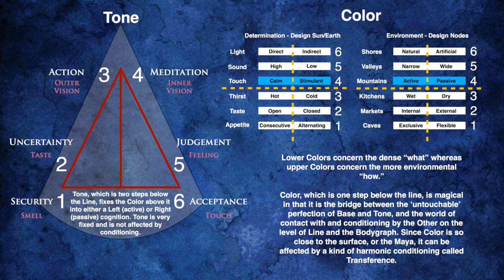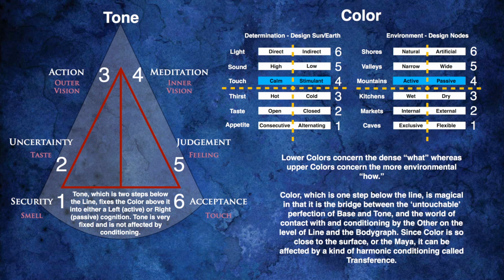What kind of environment are you in? How does this environment feel? It's sort of like how the upper colors have an affinity with right fixing tones. Left fixing tones are more focused and right fixing tones have a kind of soft focus. They're more peripheral. Left fixing tones, things in particular. Right fixing tones, no thing in particular.